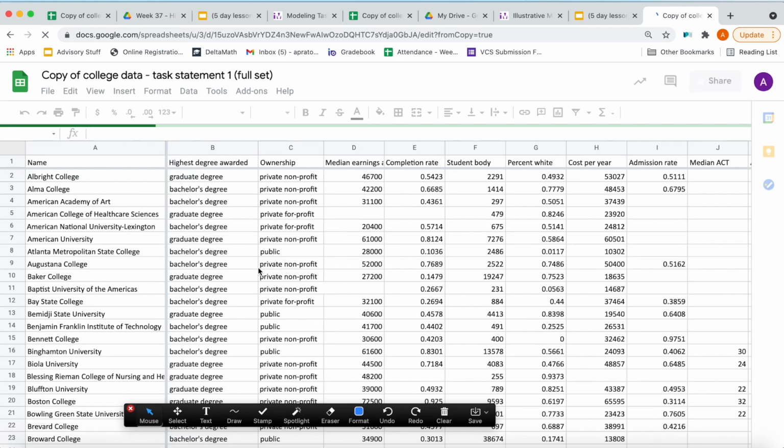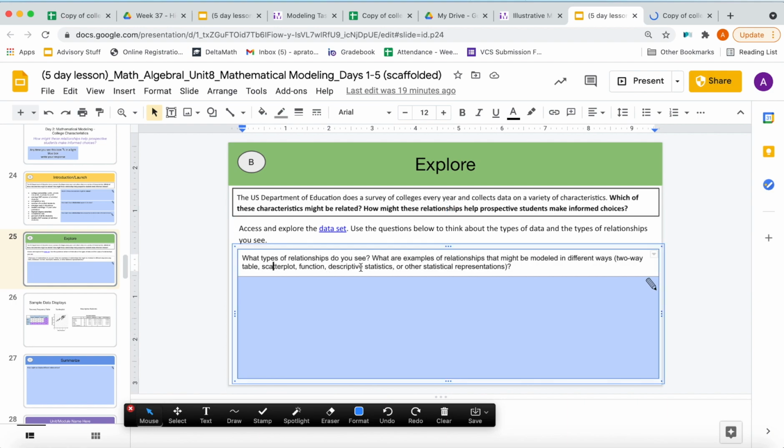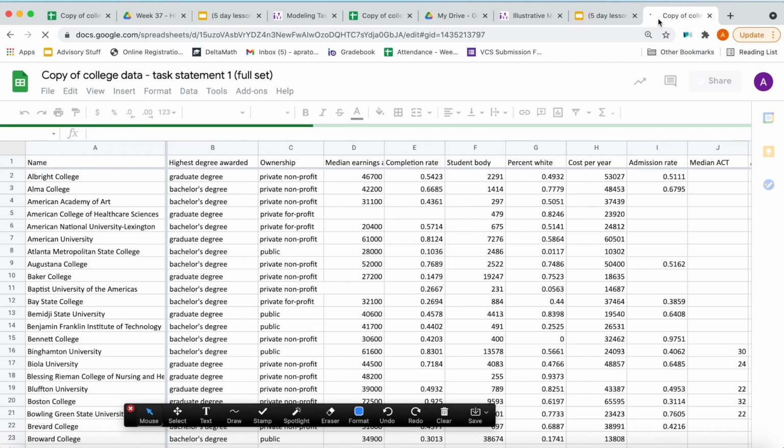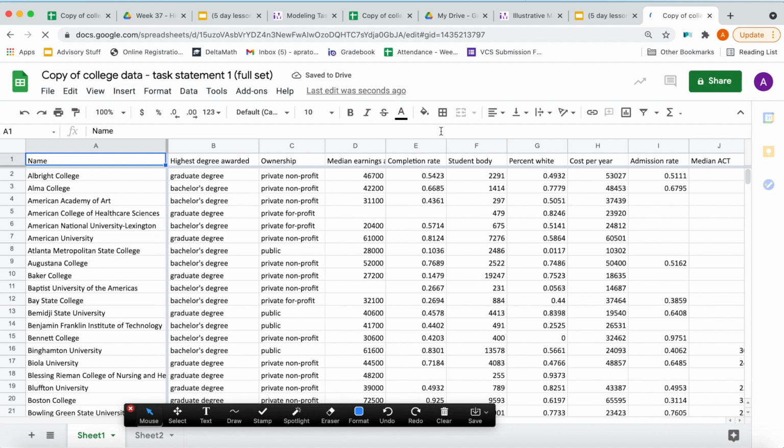So you're going to look at your data set and you're going to go ahead and think about what are some relationships, what types of relationships do you see, and what are examples of relationships that might be modeled in different ways. So another relationship you might have seen is the relationship between median earnings and completion rate.